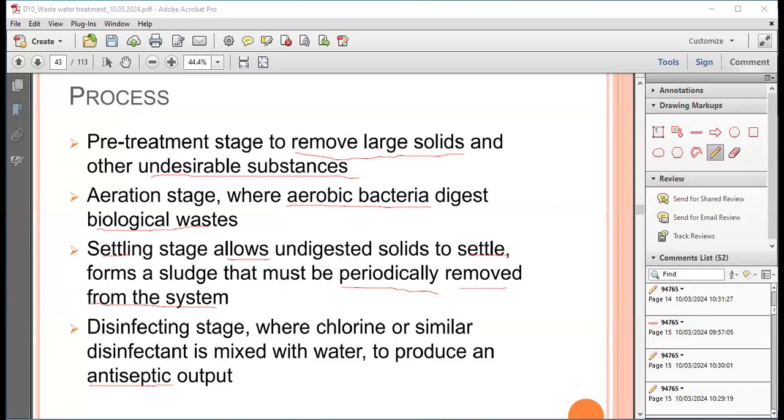In English, the definition: in Sinhala it's විස බීජ නාශක. This antiseptic means preventing the growth of disease-causing microorganisms. So preventing the growth of disease-causing microorganisms is called antiseptic, right?